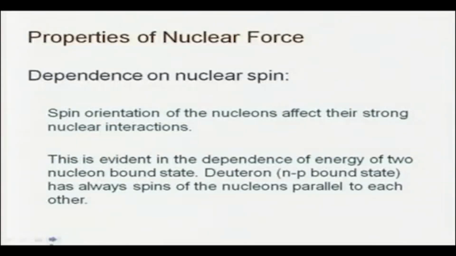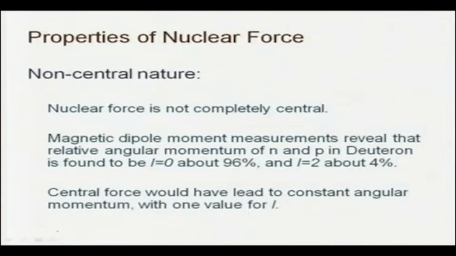Okay, so the next thing is another very important aspect of the nuclear force, which is that it deviates from its central nature. What do we mean by a central force? If you have a force between two particles which depends only on the distance between them and not on any orientation, then it is called central.